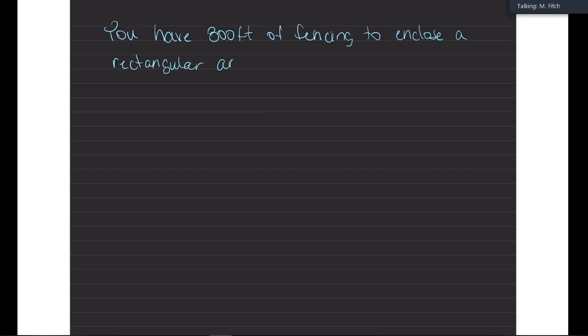So you have 800 feet of fencing to enclose, your backyard's a rectangle, right? A rectangular field or area for Fido. Fido gets a rectangle.